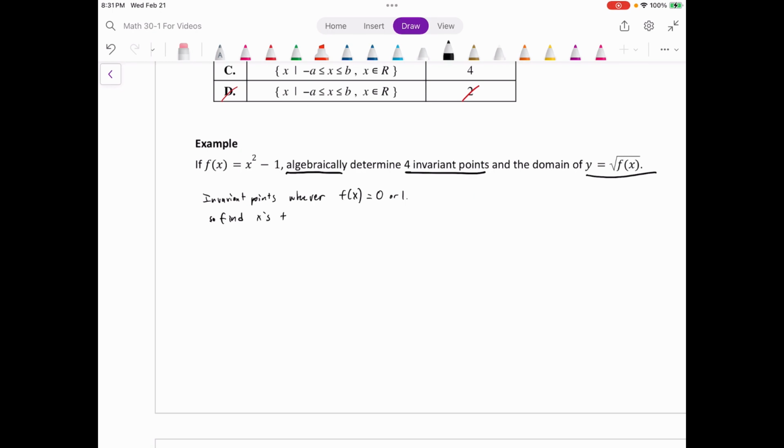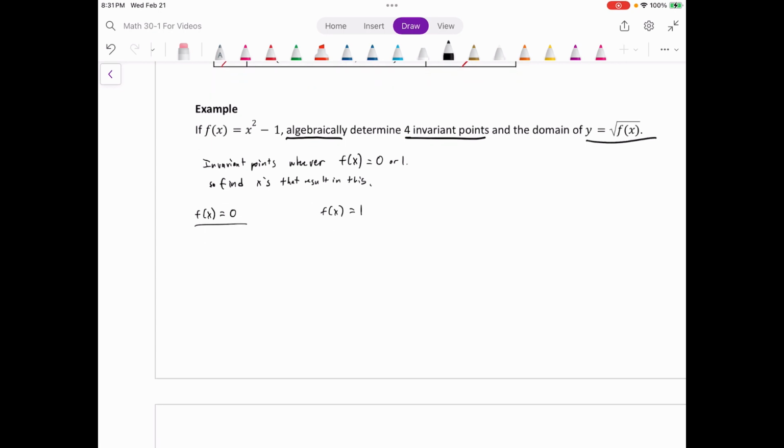So find x's that result in this. In other words, what values of x will result in y being 0 for our original function? So how do we make f of x equal 0? How do we make f of x equal 1?